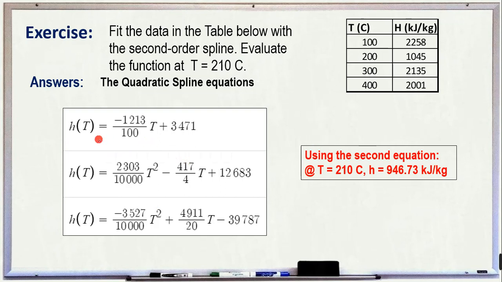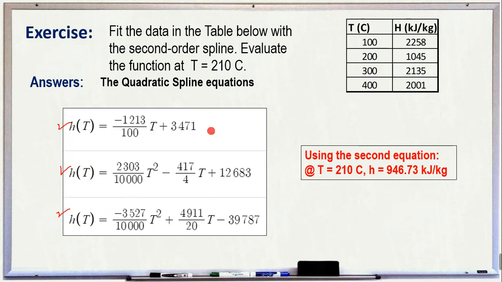And after that, you will arrive at these three quadratic spline equations for the enthalpy as a function of the temperature. So this is our first quadratic spline equation, but this is not actually a quadratic. This is a linear spline equation because of our assumption from one of our steps, the last step. And this is our second quadratic spline equation and the third quadratic spline equation.